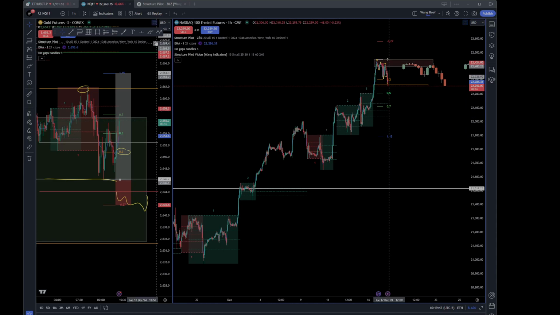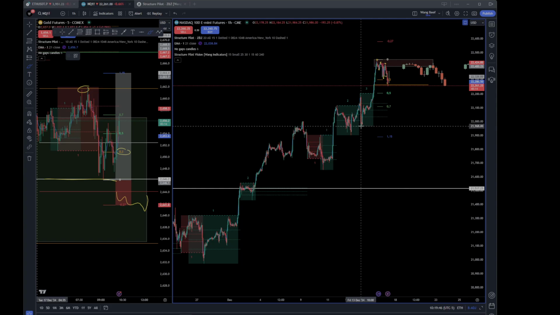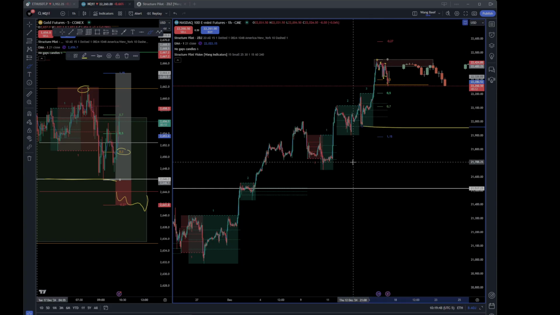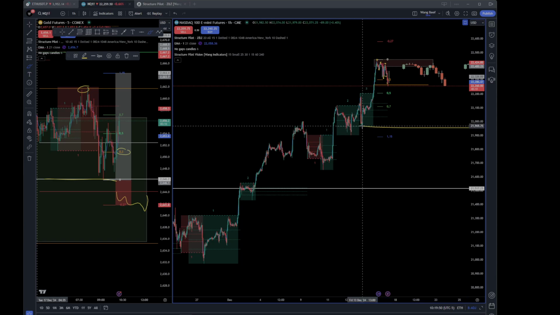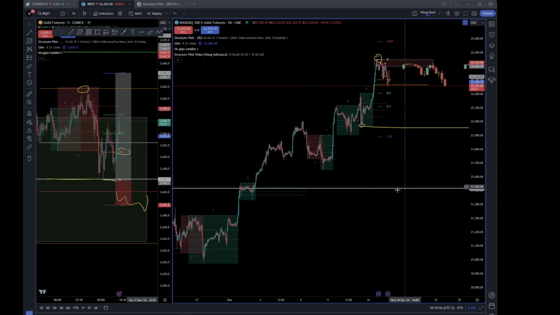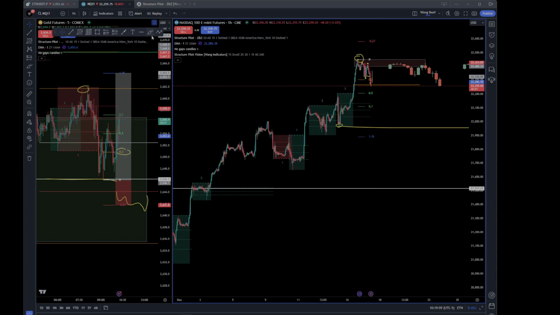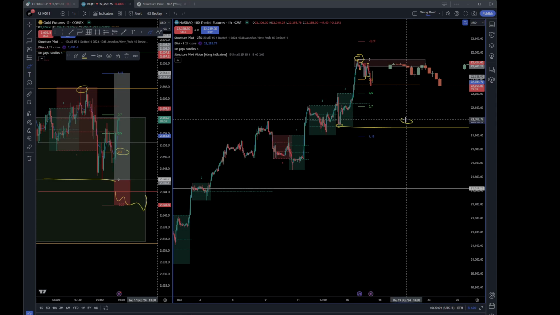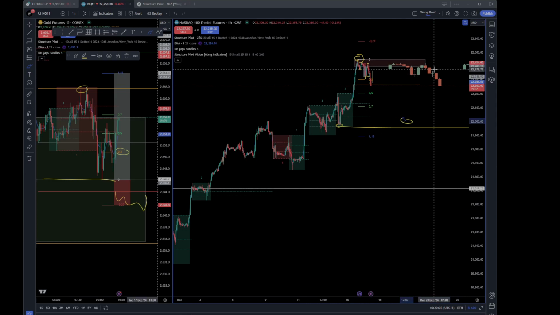Cool. This is on the 1 hour. So I mark my protected low on the 1 hour, which is here, right? Everything that happened in between here and there on this higher time frame is just a range. So I don't mind if price came here. We're still bullish on the 1 hour.